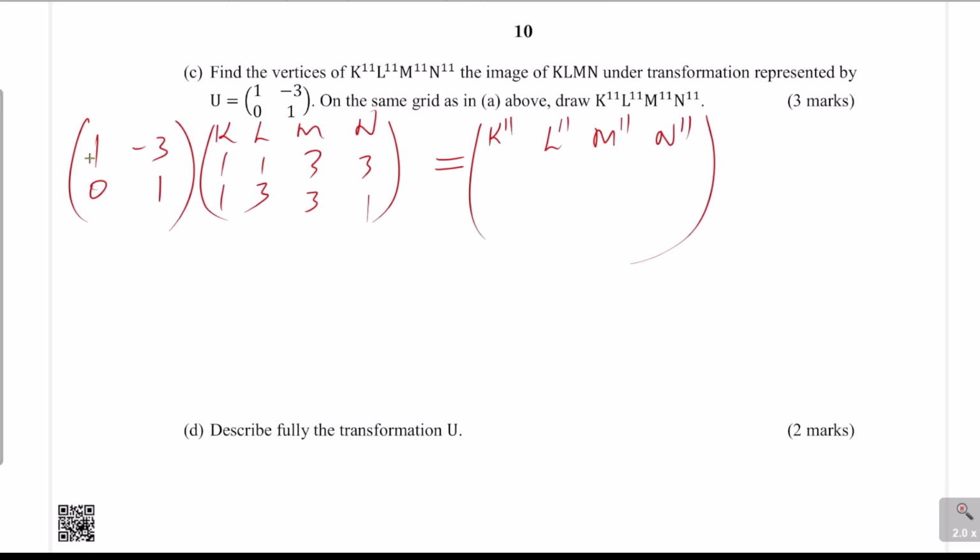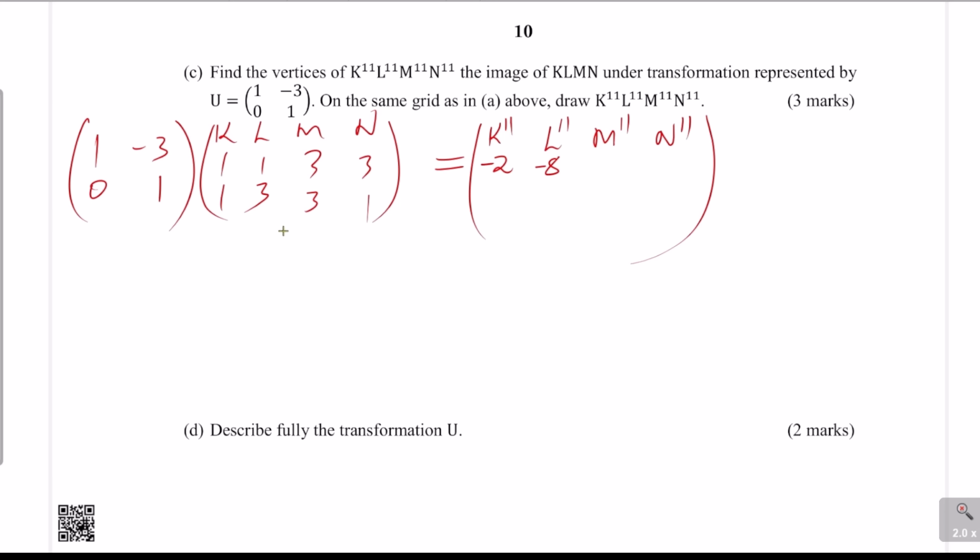So row 1, column 1: this is 1, subtract 3, so that will give -2. And then this is a 1, subtract 9, that will be -8. Then this is a 3, subtract 3, this will be 0.